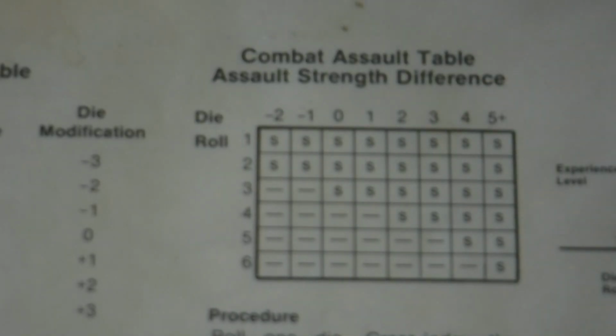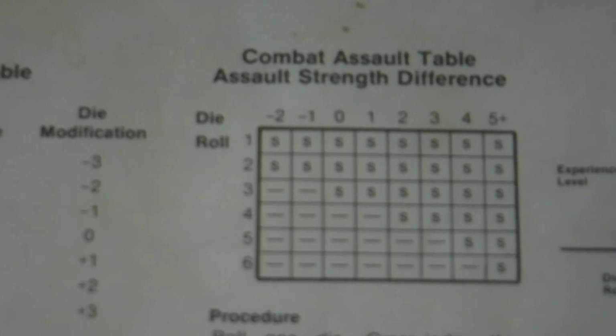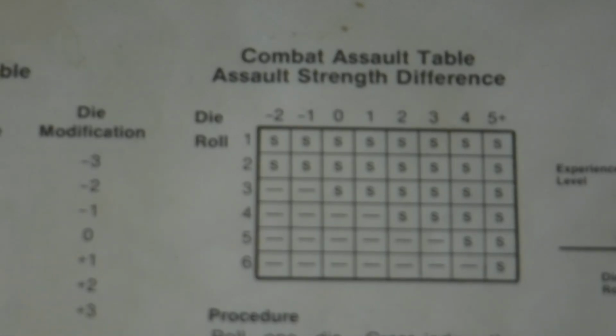The attacking marker of the phasing player, if it received flank fire, cannot make the assault. So if one of the markers that you are considering to make the assault received any flank fire, it is disqualified.